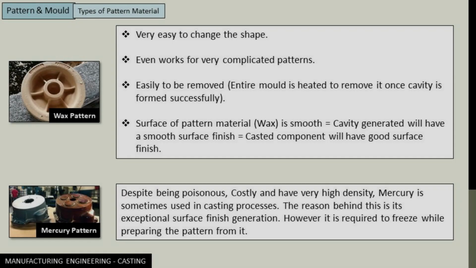Then we have wax. Wax patterns make it very easy to change the shape. Very complicated patterns can be made and hence the corresponding casting component. They are easy to remove because for removing a wax pattern you simply need to heat the mold and the wax will flow out of the cavity easily.